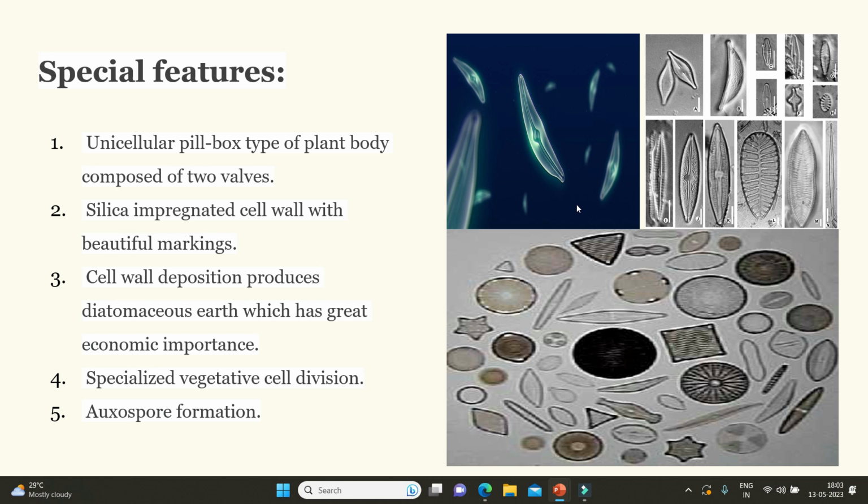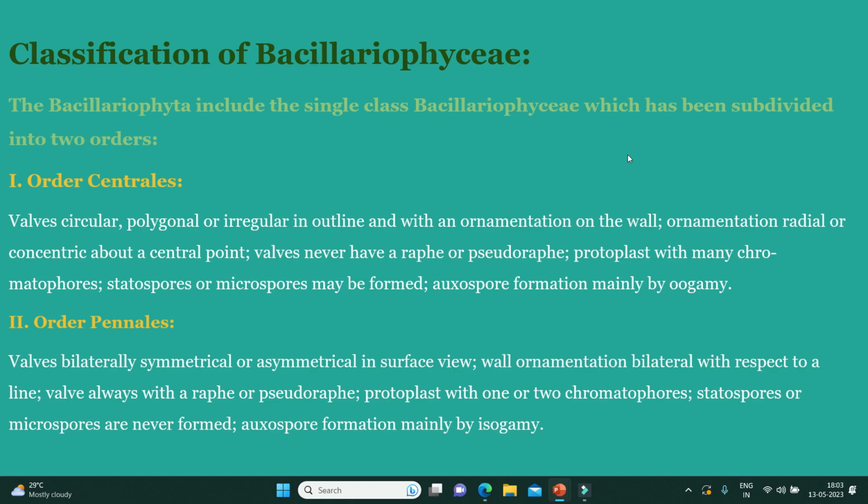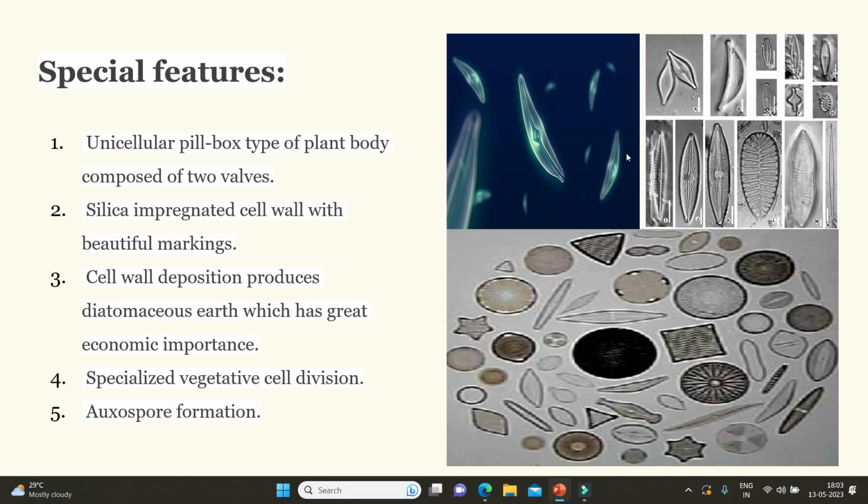Next, let us see some special features of the Bacillariophyceae. You can see the pictures of Bacillariophyceae. As I said, they look like jewels.